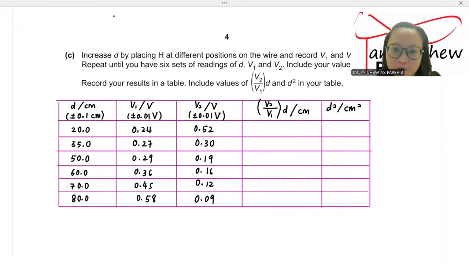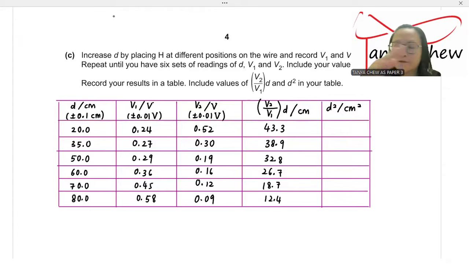So the first one I got 43.3. The next one I got 38.9. And then this is 32.8. And then this is 26.7. And then this is 18.7, and then this is 12.4.